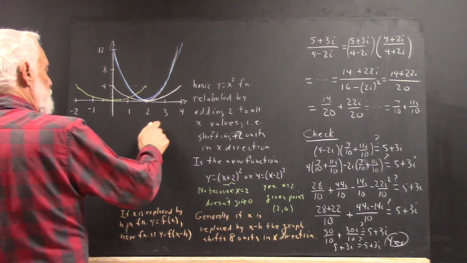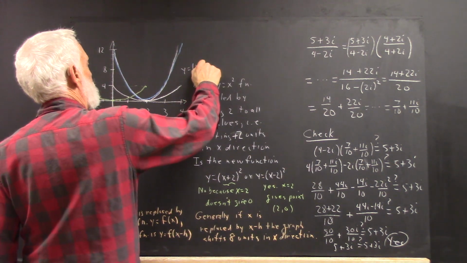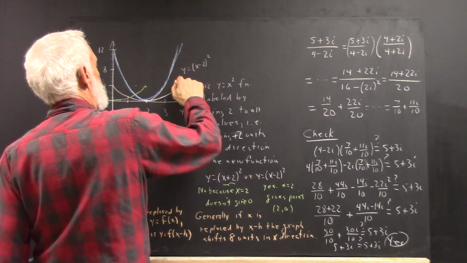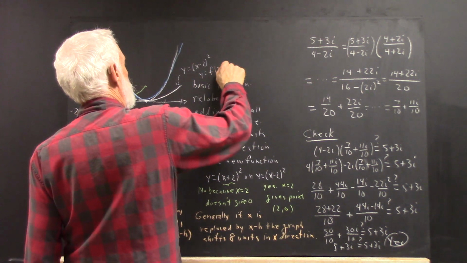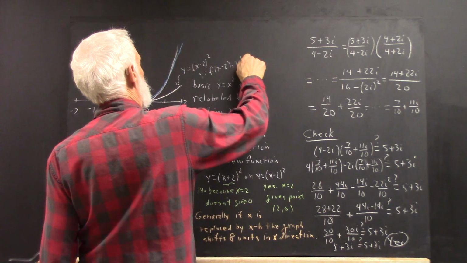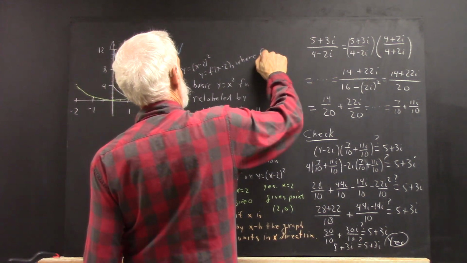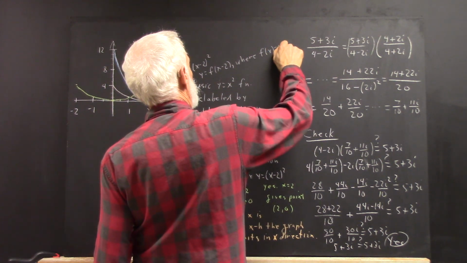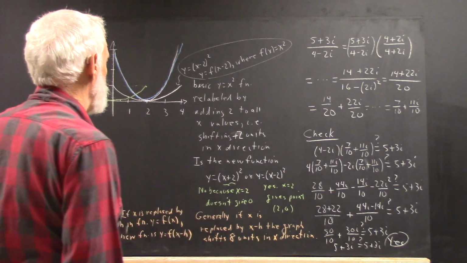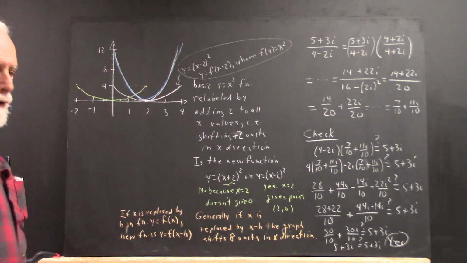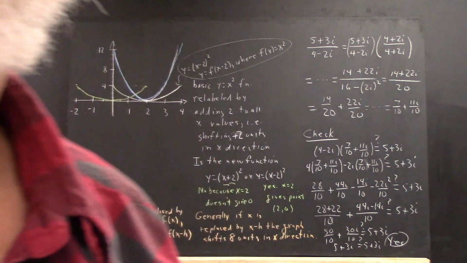I'll also label, okay. This graph here is this. What are we going to do with this graph? What's different and what's the same?